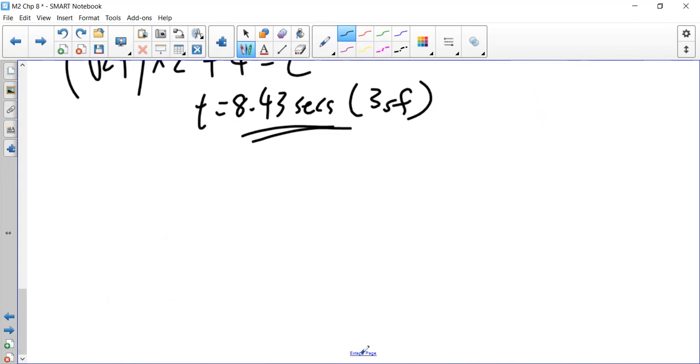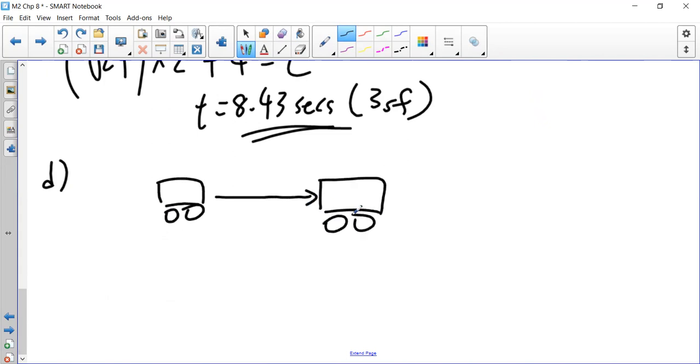This doesn't quite happen in real life, but it's what happens in this question. When t equals 8.43 seconds, the car stopped. At 4 seconds, we're traveling 24 meters per second, but somehow when t equals 8.43, we stopped. What does that mean?